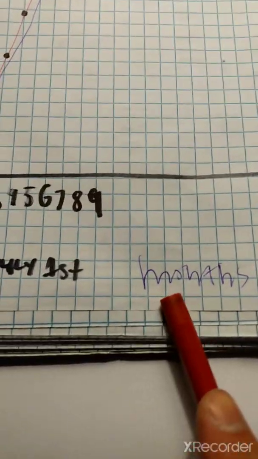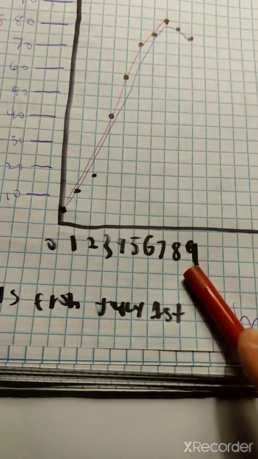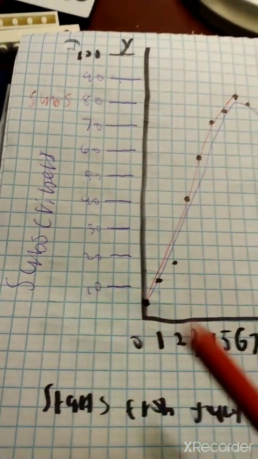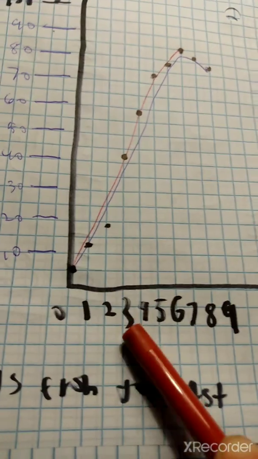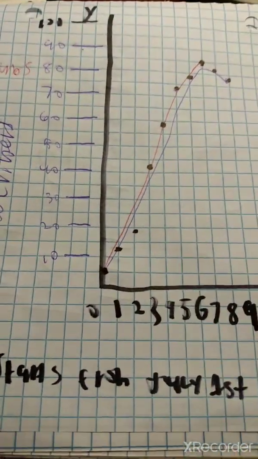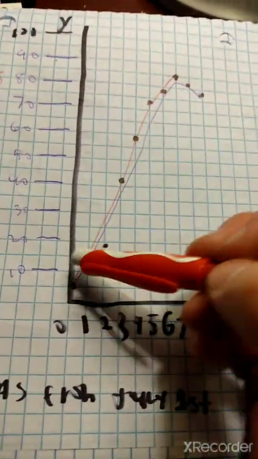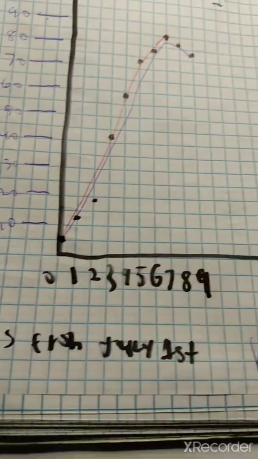On the x-axis, we have months, and there have been 9 months since we first started, and the number of people subscribed per month. As each month goes by, we keep getting more subscribers. And the line represents the slope of how many subscribers we are getting on average per month.